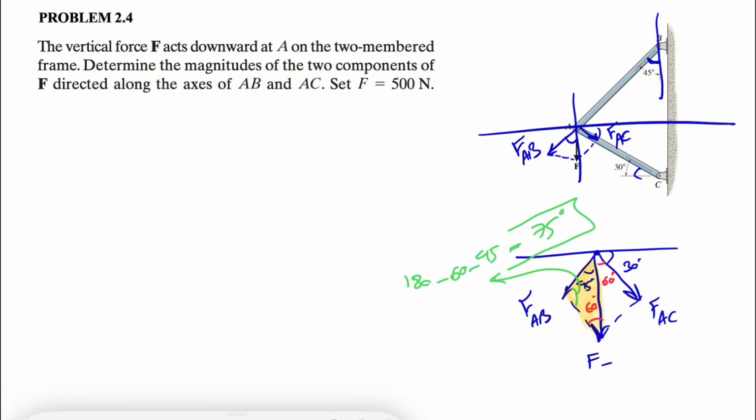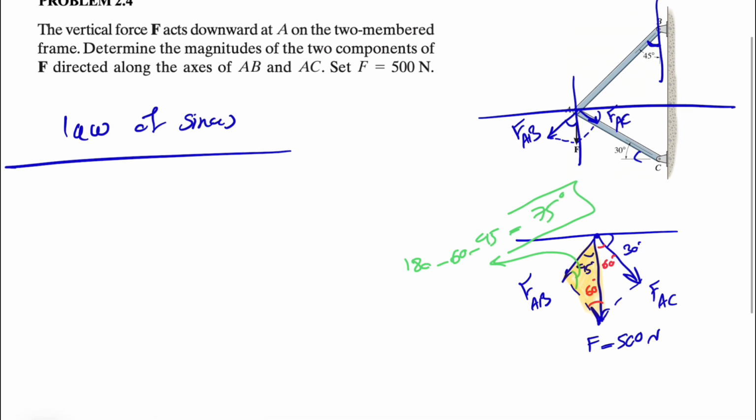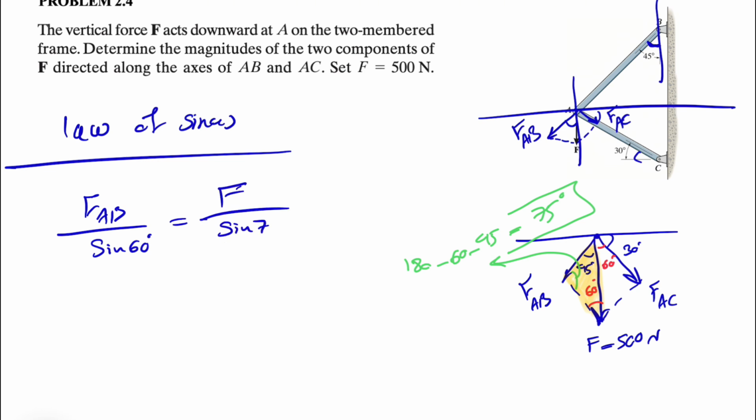We know F is 500 newtons, and all we need to do in here is use the law of sines, and we can figure out all the forces FAB and FAC. Basically we have FAB over the angle in front of it, which is sine of 60 degrees, equal to F over sine of 75 degrees, which is equal to FAC over sine of 45 degrees.